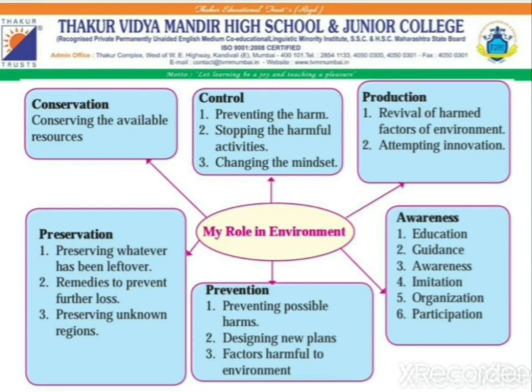So, these are the things which should be done if you think that your role in society is to control the environment. Production, revival of harmed factors of the environment, attempting innovations.